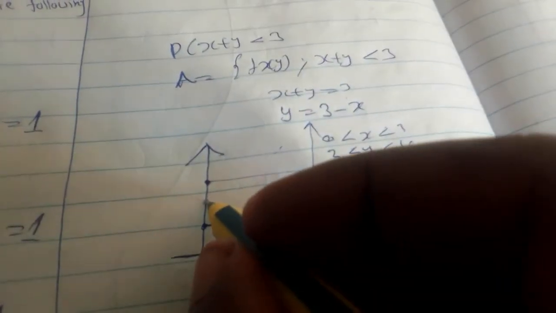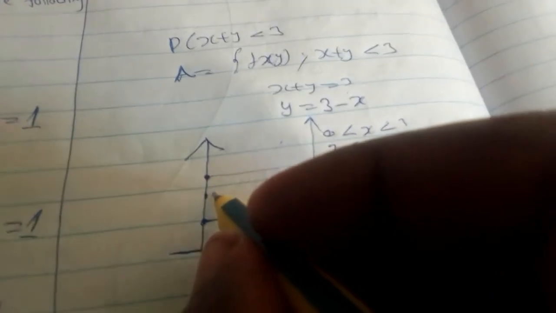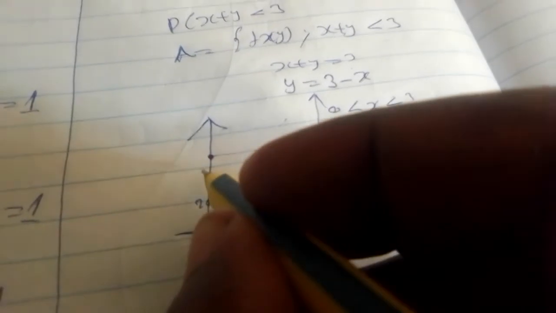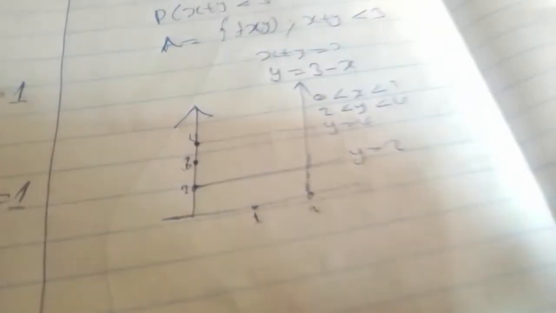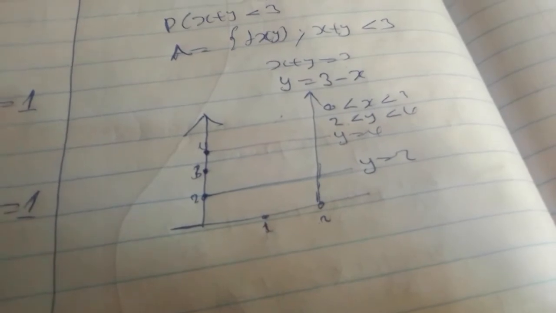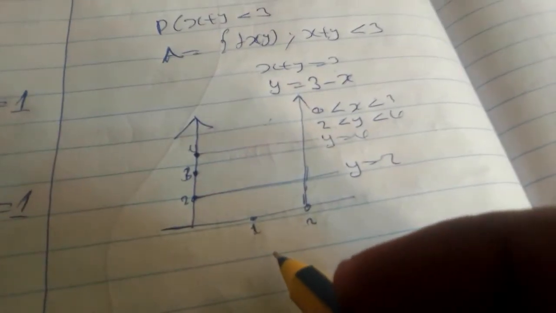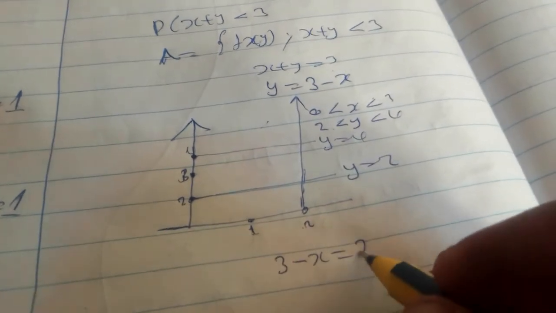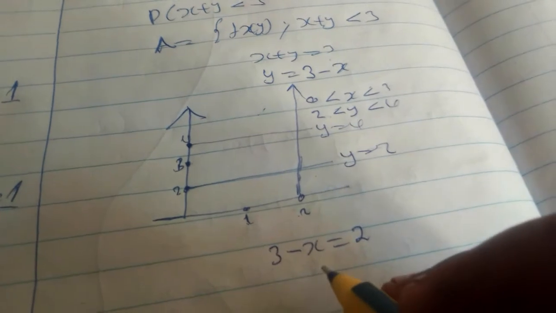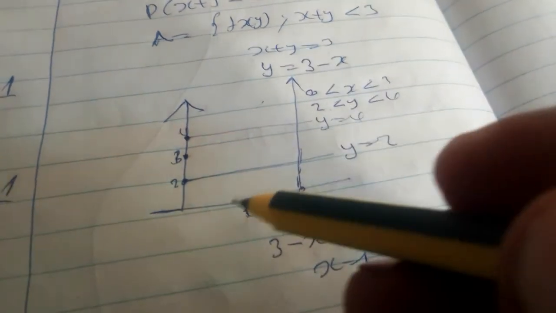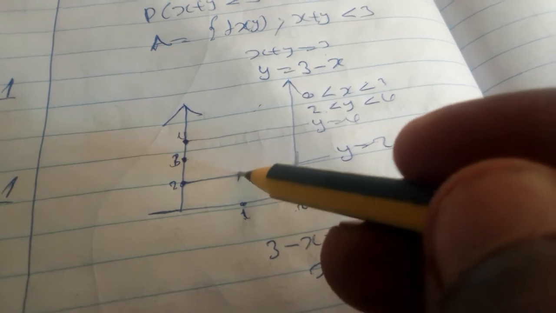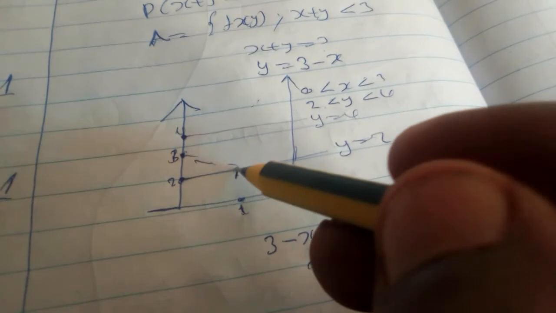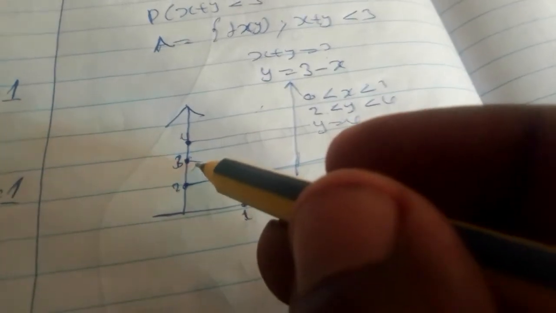But we need y equal to 3 minus x. So 3 minus x is equal to 2 on this line, which means x is equal to 1. So they are going to meet here. This line should pass through here, so this is the area we want.